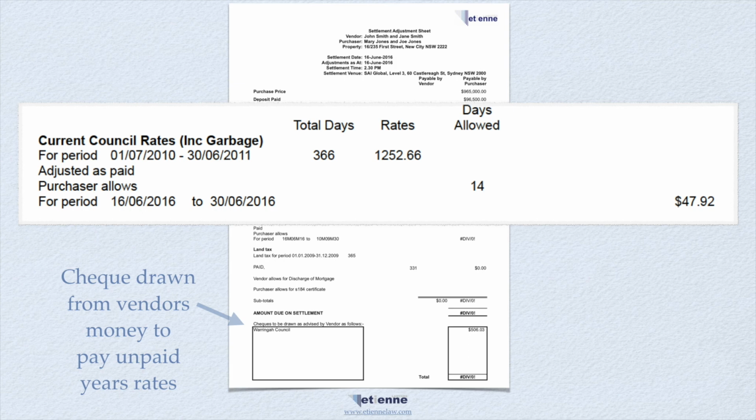At settlement, we take that check on your behalf and pay the council rates to make sure that the rates are in fact paid and that you are not at a disadvantage by having drawn this money.